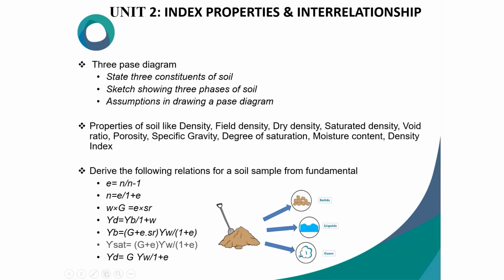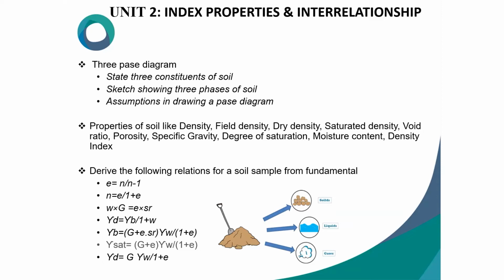In the second module, we will cover index properties and interrelationships. Here we have a three-phase diagram. First, we try to understand the three constituents of soil, and also sketch showing the three phases: soil, air, water. All the phase diagrams we try to understand.